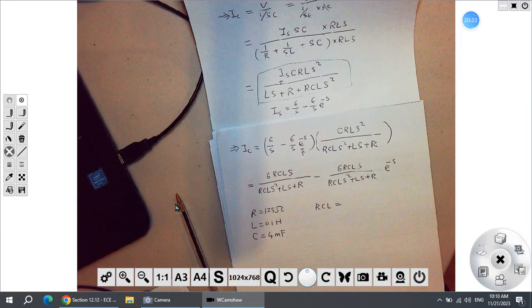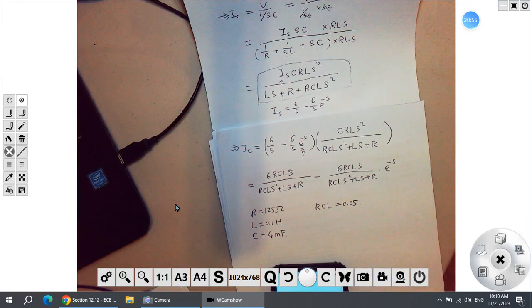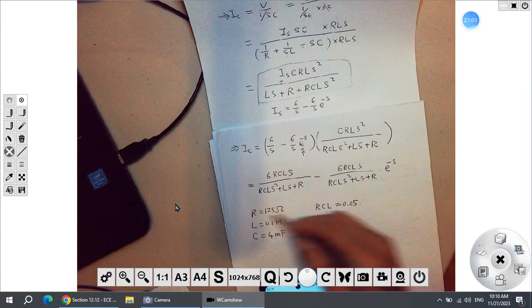This one we have 125, this R, times C, it is 4, times L is 0.1. I get 50. But with this 50, we have a milli for the capacitor, so we need to divide by 1,000, and I get 0.05. L is just L, R is just R.